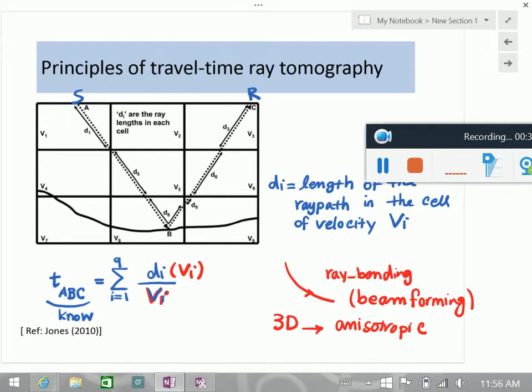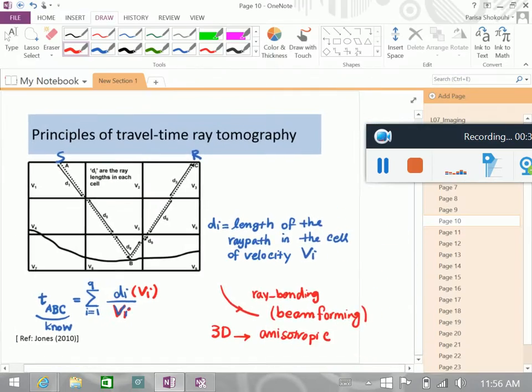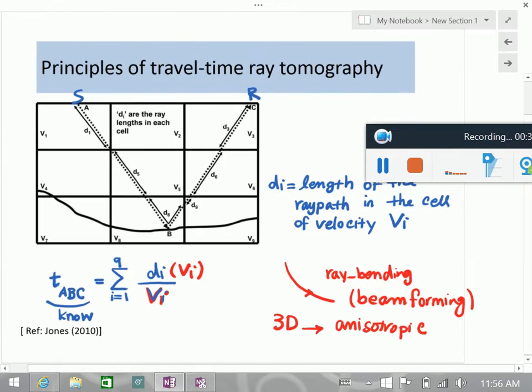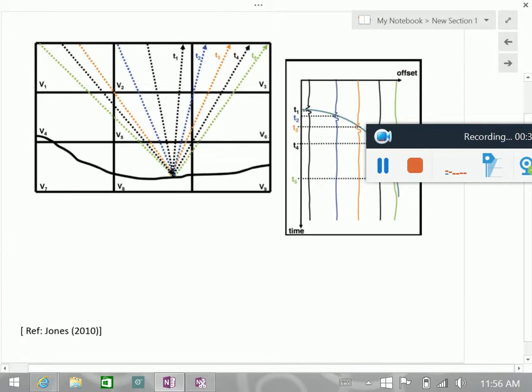Now, you see that when we want to solve this kind of problem, we have to divide the medium. We have to have a velocity model to start with. We divide the medium into velocity cells, and you have to write down what would be the time for each ray. So go to the next slide. Now let's define here.